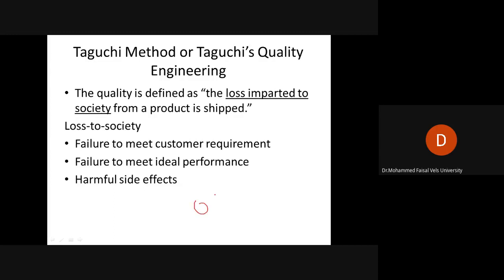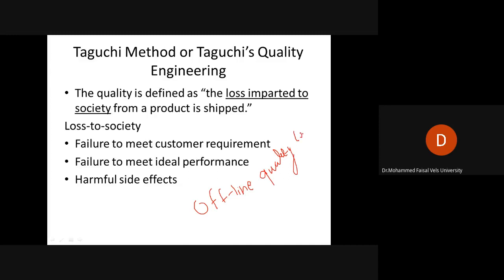There is another concept called offline quality control.